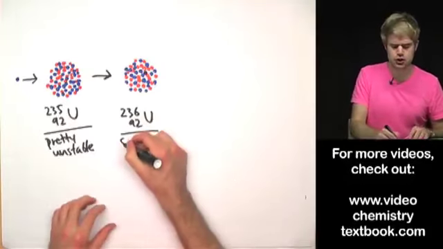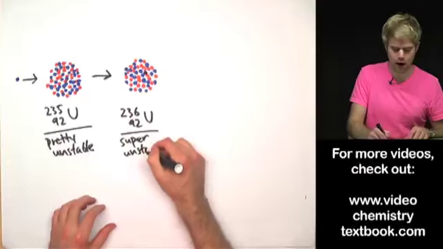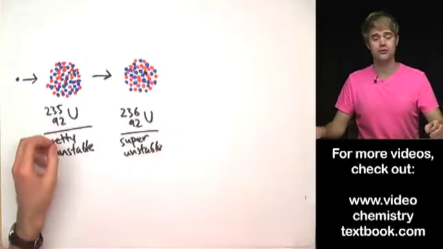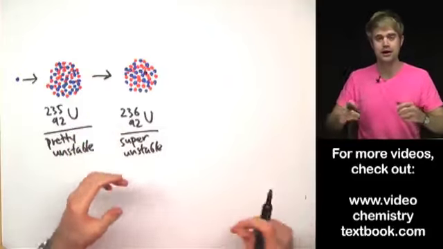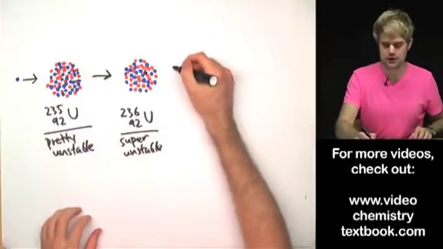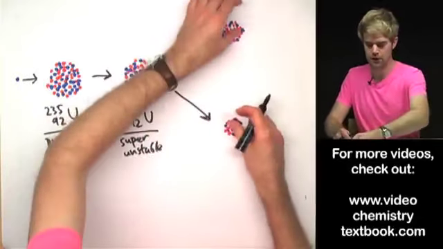Uranium-236 is super unstable. It is way more unstable than uranium-235 is. And in fact, it's so unstable, it's so unhappy, that it splits into two smaller atoms. Here are the nuclei right here.